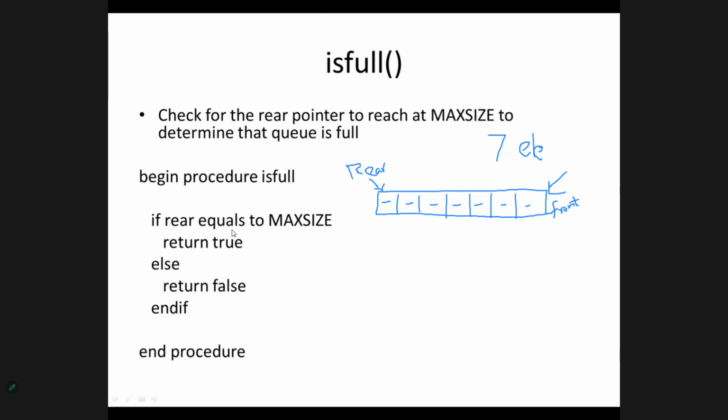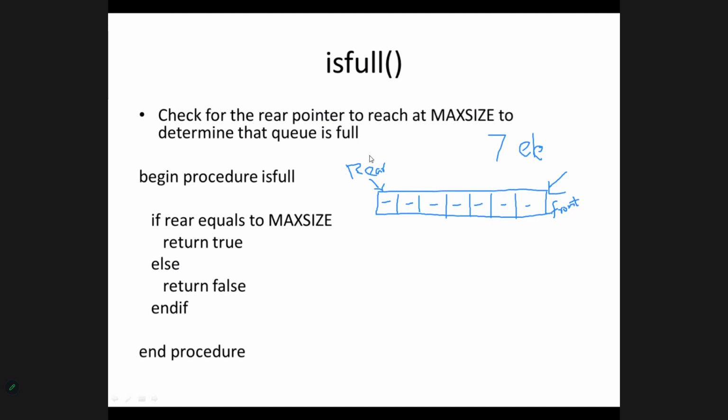If rear equals max size, that is the size of the queue, it will return true, that means full. Else it returns false, that means the queue is not full. This is the end of if, and then the end of the procedure. Very easy: begin procedure is full, if rear equals max size, return true, else return false.